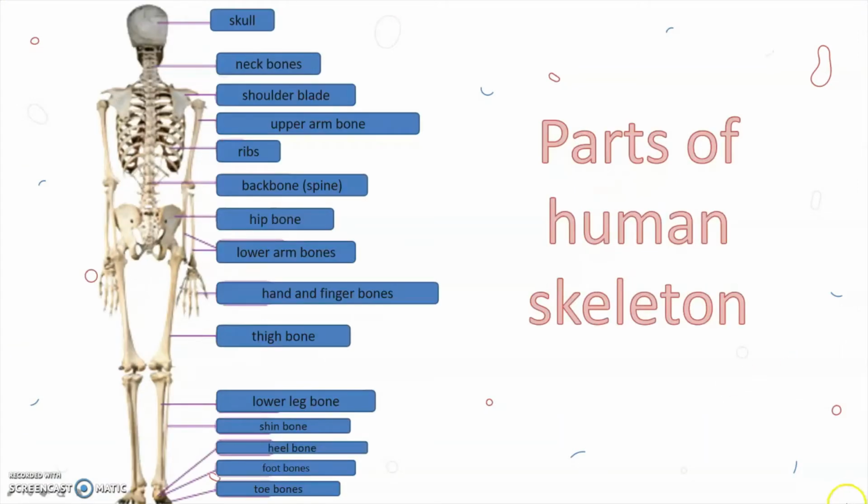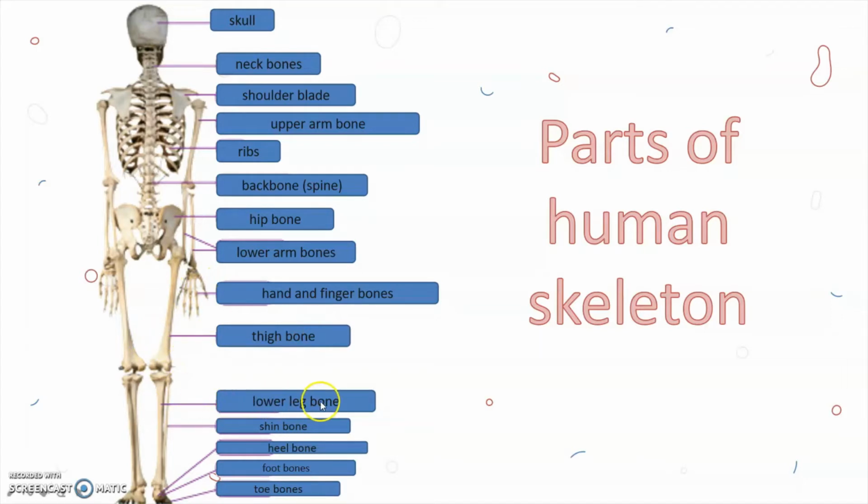These are the parts of the human skeleton, from the top to the bottom. Skull, neck bones, shoulder blade, upper arm bone, ribs, backbone or spine, hip bone, lower arm bones, hand and finger bones, and thigh bone.